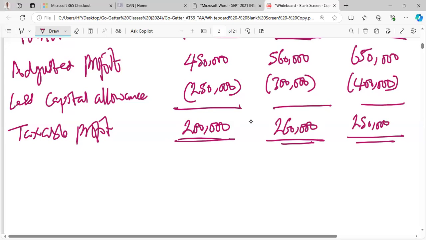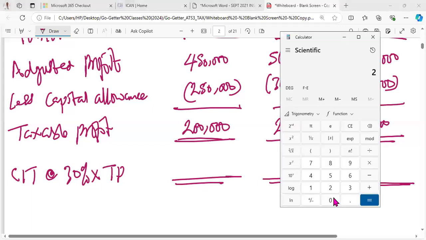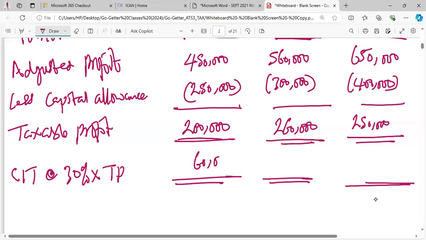Then your tax, which is CIT, is going to be at 30% of taxable profit. So you calculate it now. 200 times 30%, that should give me 60,000. I can decide to do education tax immediately.